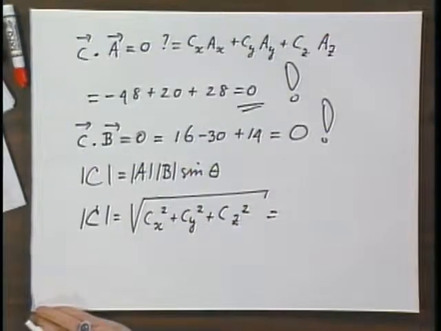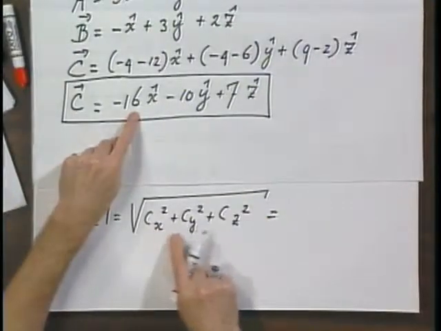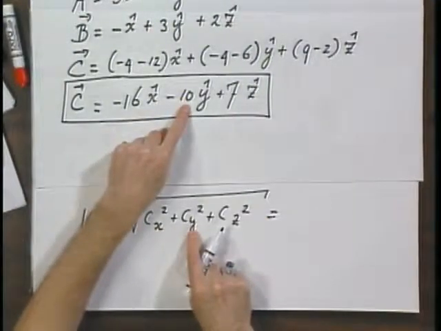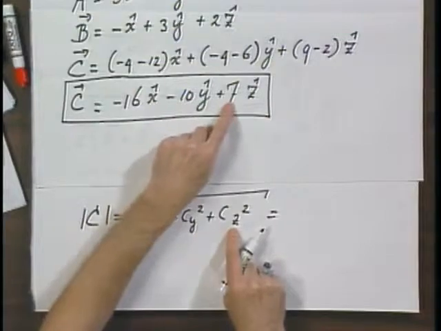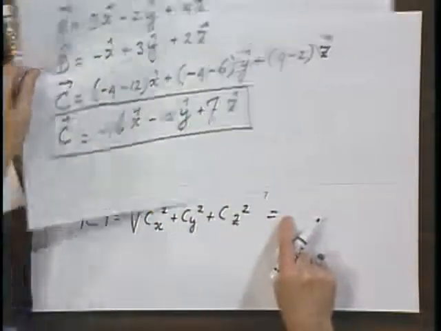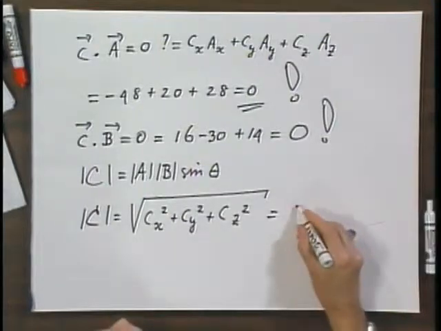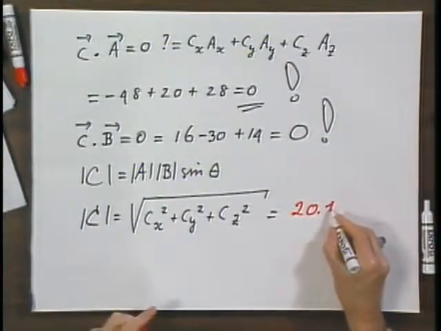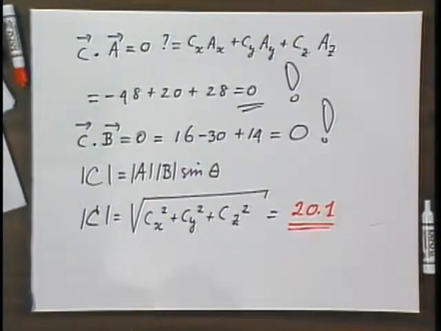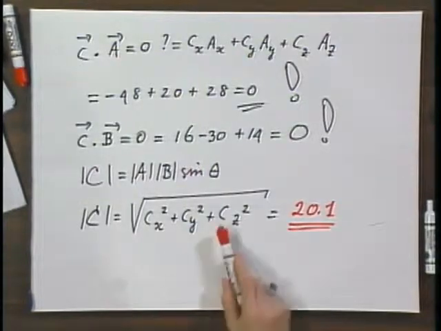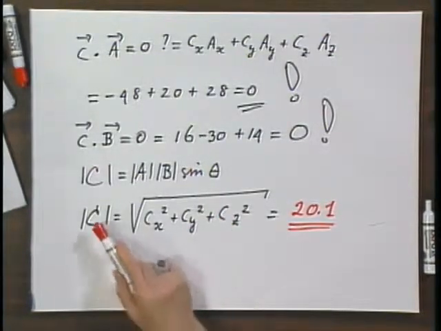And that is easy to calculate. You know that Cx is minus 16, C of y is minus 10, and C of z is 7. When you work this out, you will find that this is approximately 20.1. It's the magnitude of the vector.